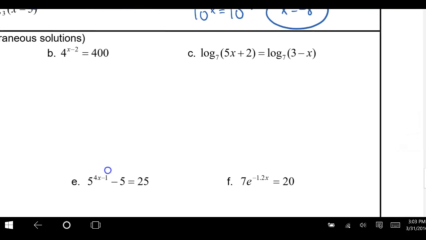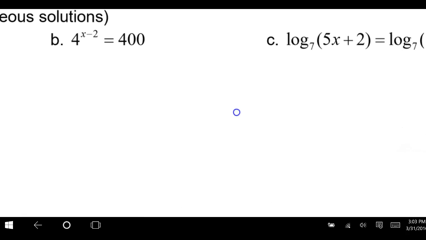Okay, so now B. Again, we want to try to get the bases the same if we can. So let's see. 2 to the, should we do 4? Should we do 2? Let's try 2. Alright, let's see if we can do 2.